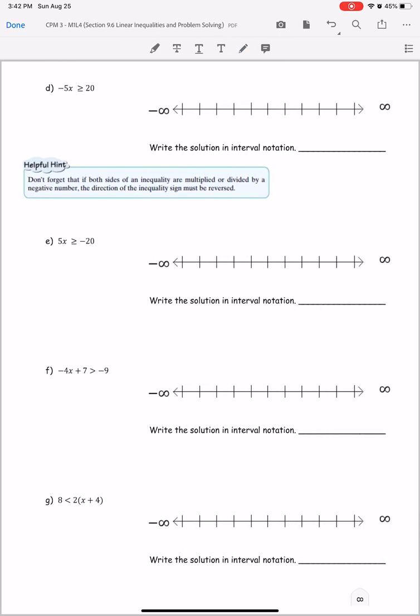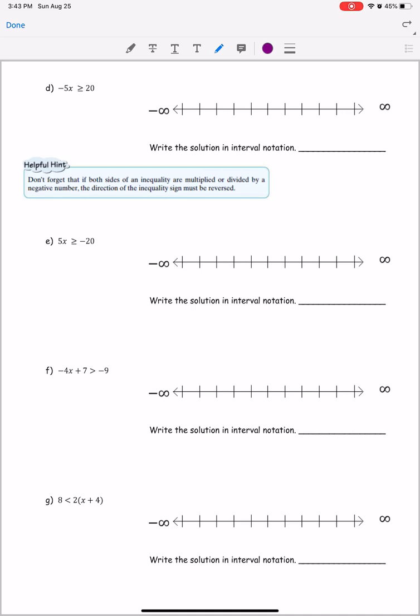Okay, we're getting close to the end on D. On D, we have this helpful hint down here. Don't forget that when you multiply and divide by a negative number, we've got to reverse that sign. So on D, you got negative 5x is greater than or equal to 20.